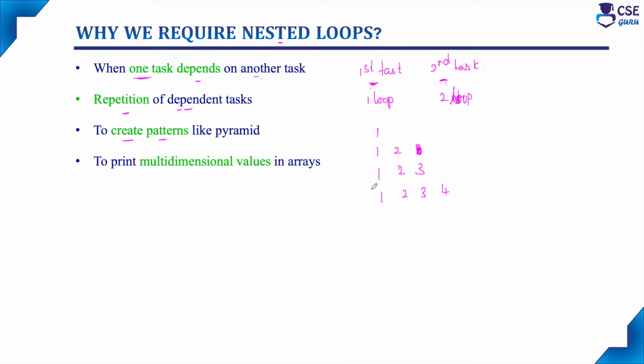With nested loops, with only a small amount of code, we can print this type of pattern. Or if you want to print a star pattern like this, any kind of pattern we can print with the help of nested loops by specifying the condition.